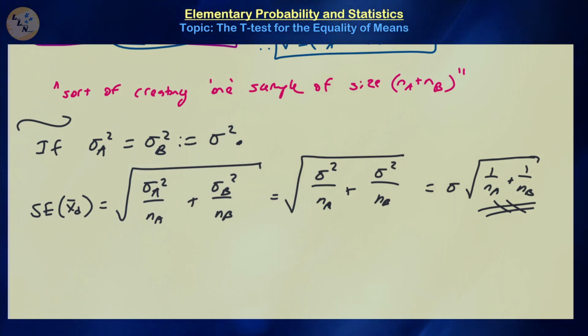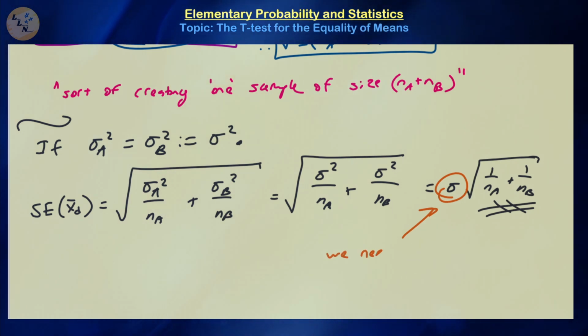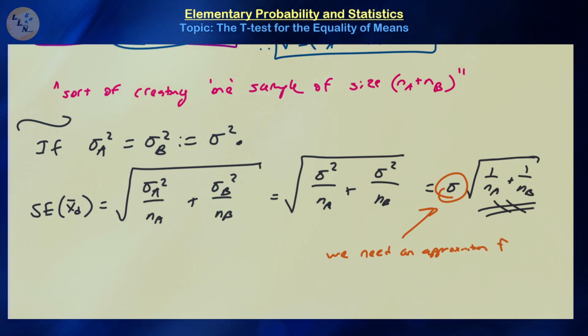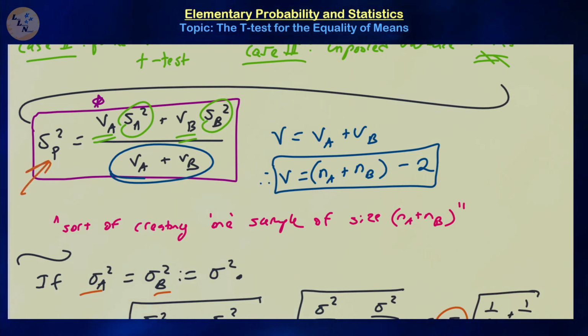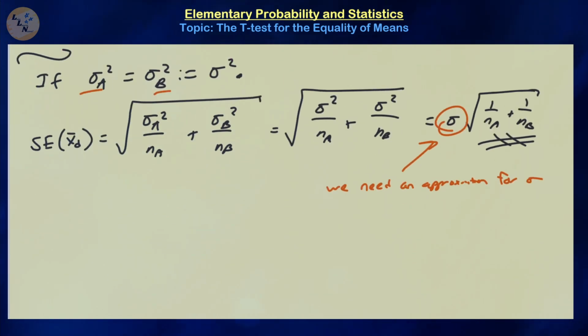So now we need an approximation for this common variance, or rather this common standard deviation. Because if the variances between the populations are equal, that means the standard deviations between them are equal. So we can use the pooled variance to approximate the variance, and the pooled standard deviation to approximate the standard deviation.